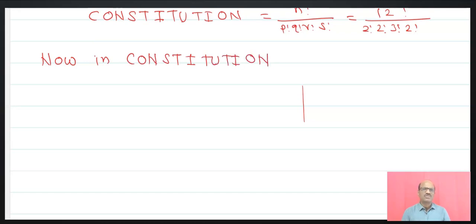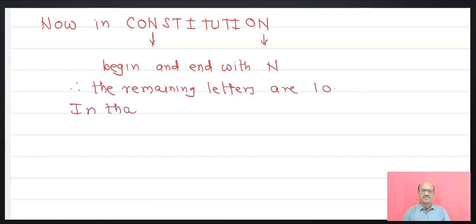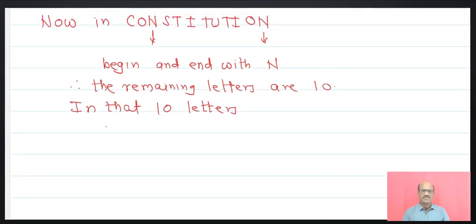Now what is our job? Our job is to find out the words that start with N and end with N. That is, begin and end with N. The remaining letters are 10, and in those 10 letters O is repeated.